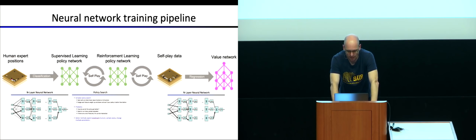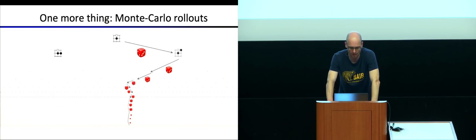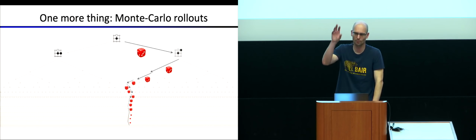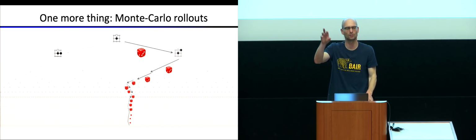One little additional thing that is pretty interesting about Go, and what a lot of the previous Go systems build upon pretty heavily, and AlphaGo builds upon too for supervision, is that Monte Carlo rollouts end up being reasonably good at predicting who's going to win. What do I mean with that? Let's say you're in a given board situation, and from that situation you just randomly play.